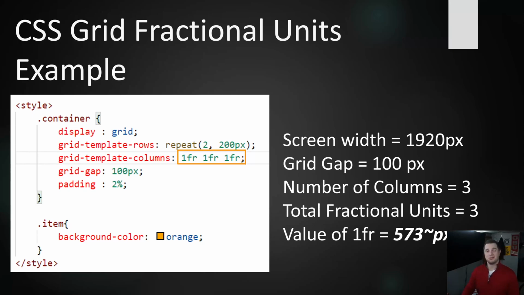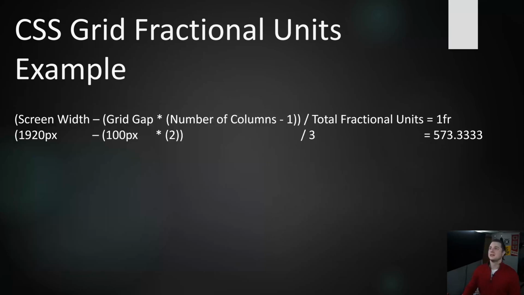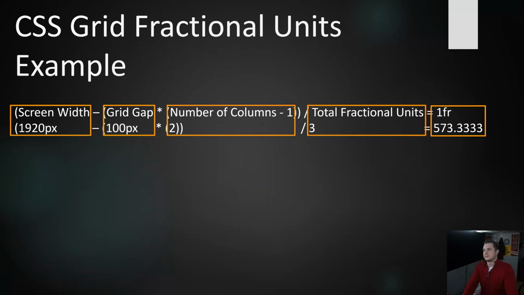Okay, so here is the formula example. Again, most of the time you're not going to need to calculate how to get this, but if you ever do, it's right here.